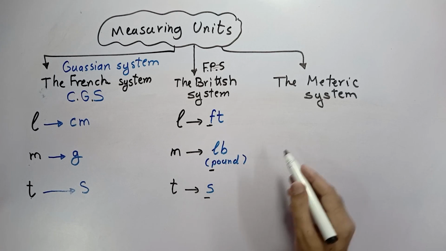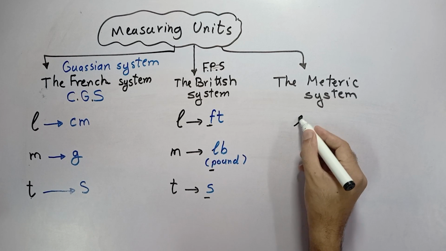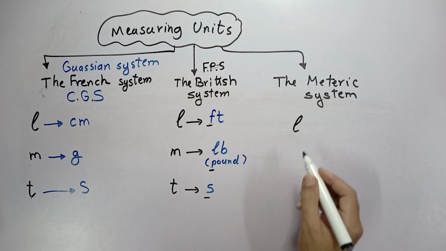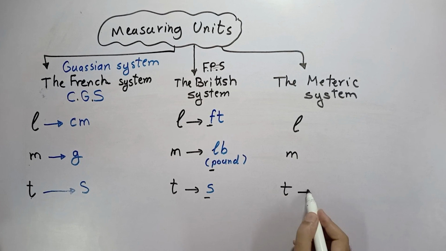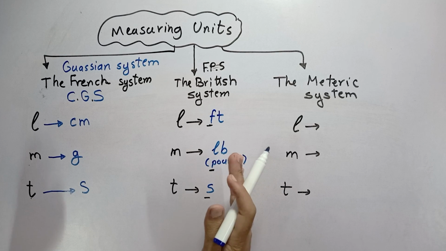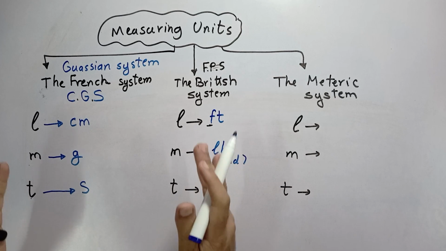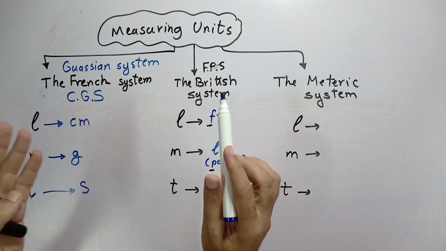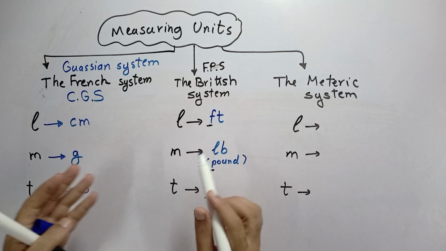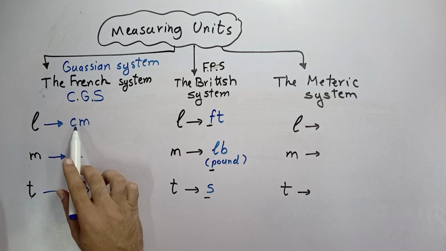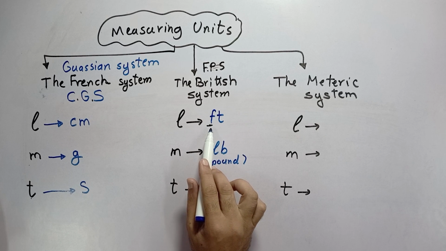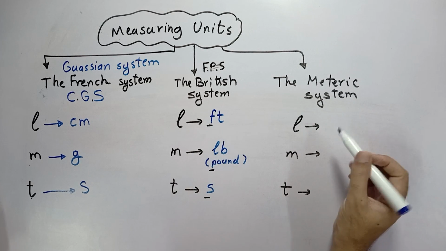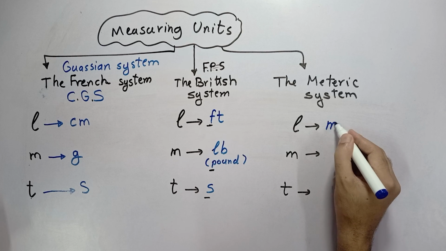What about the metric system? The metric system, they used for length and mass and time. The metric system solved the problems between the Gaussian system and the FPS system or British system. The French system used centimeter and the British used foot, so the metric system used meter, m, meter.